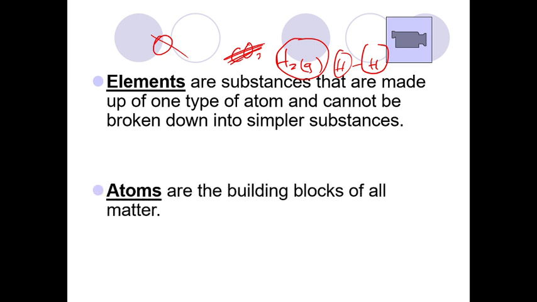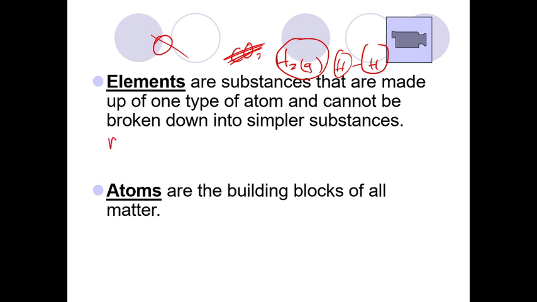So what is this atom that we speak of? An atom is the building block of all matter, all matter in the world. The pen that you're using right now to copy down my notes, you as a person, your very DNA is made up of atoms. Just a reminder, what is matter?